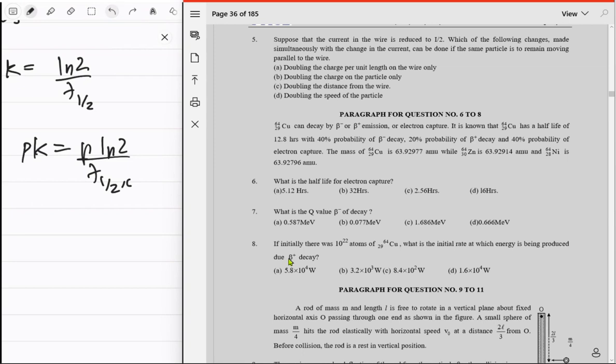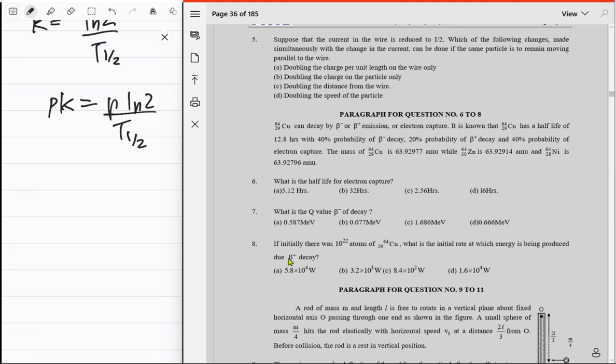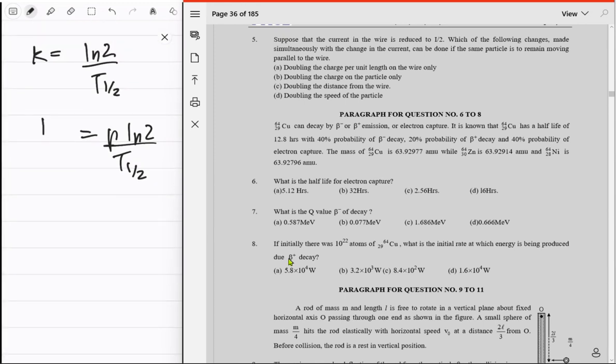Okay, I write the capital T half such that it is the total. But guess what, pk is the new rate constant for that particular reaction, which happens to be natural log 2 upon t.